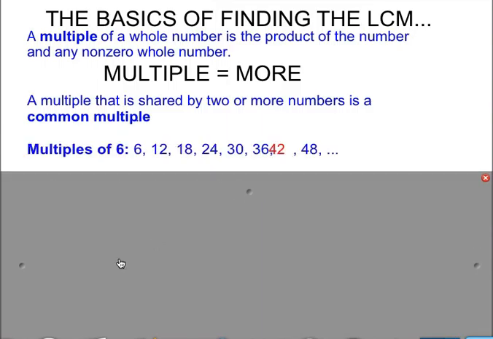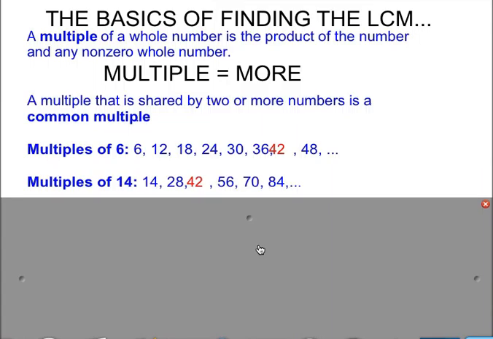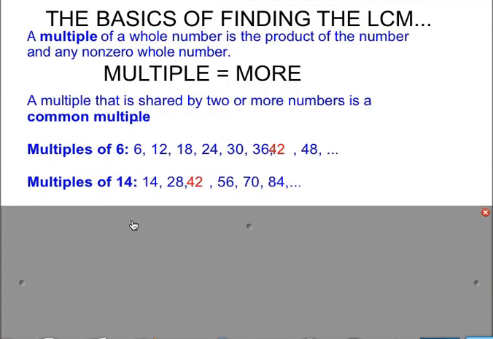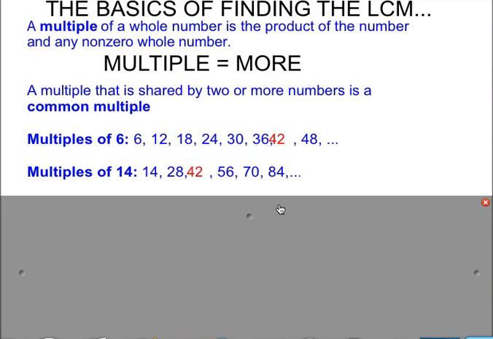So the multiples of 6, what number times 6 can you create? So 6 times 1 is 6, 6 times 2 is 12, 6 times 3 is 18, and so on and so forth all the way up. Higher numbers. Multiples of 14 would be 14 times anything higher than 0. 14 times 1, 14 times 2, and so on and so forth, making all of these multiples of 14.